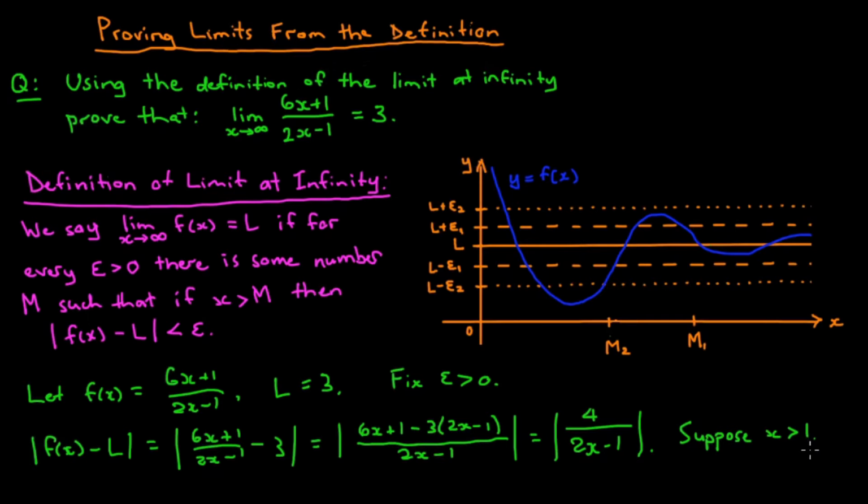Now, I've chosen the number 1 for a particular reason, and I'll talk about that in a little while. But to start with, if we have this condition of x greater than 1, then we can say that 2x minus 1 is always a positive number. And that means that this fraction is positive, and then we can remove the absolute value signs.